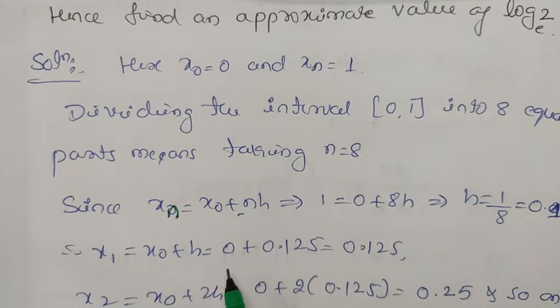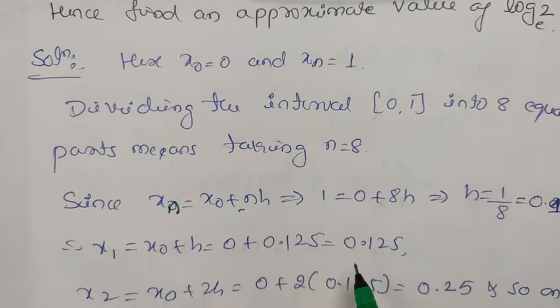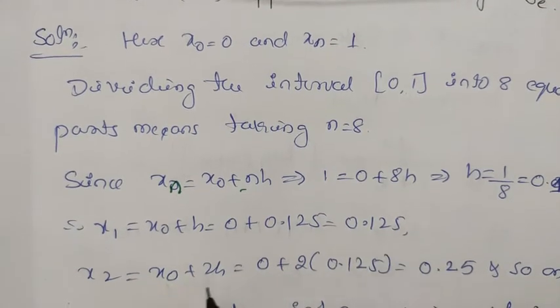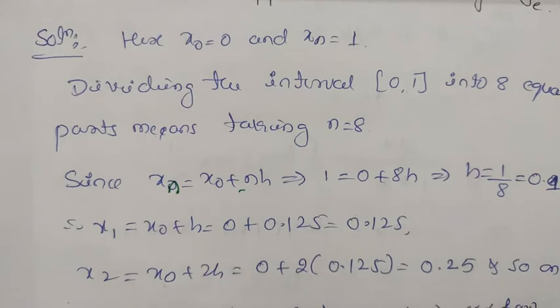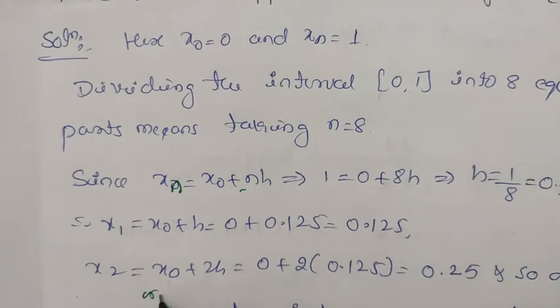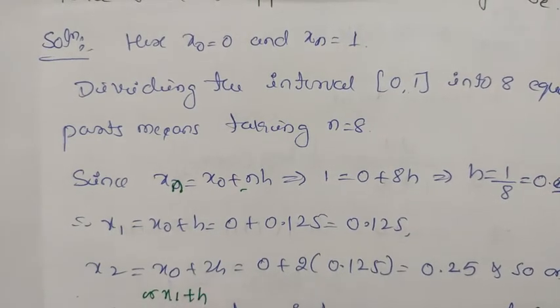Therefore x1 is x0 plus h, so it equals 0 plus 0.125, that is 0.125. Similarly, x2 is x0 plus 2h, or we can take x1 plus h also; both are the same.